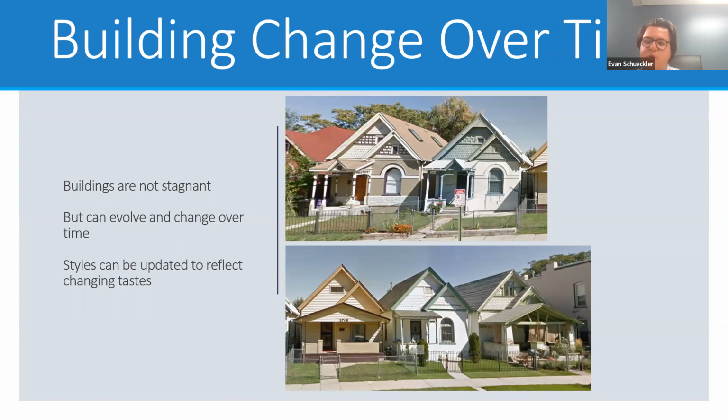They tore off that partial width porch and decided to slap on a really craftsman style porch. So that's one of the tricks that you might get caught up on when you're looking at some of these buildings: you might see features of one style, but that doesn't mean the whole building is from that era. People would sometimes update a building to reflect changing tastes and changing sensibilities. So, an interesting image of that evolution all in a row.